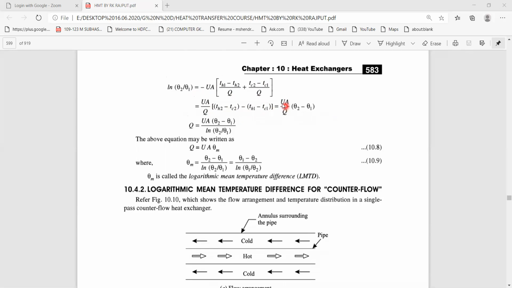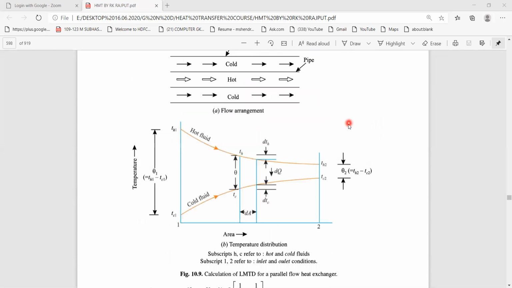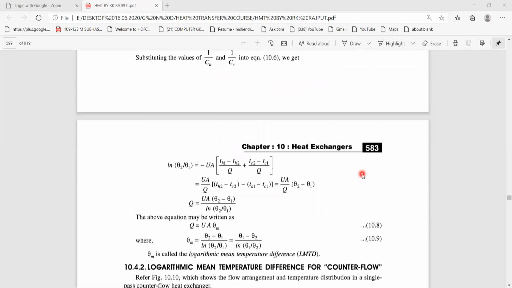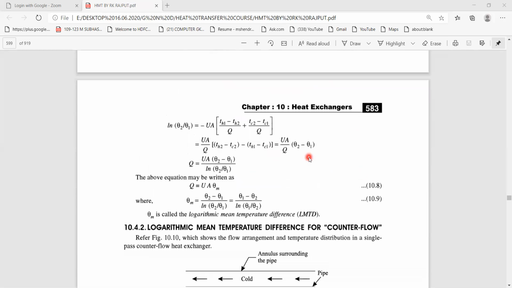So UA divided by Q into (Th2 minus Tc2), which is theta 2, and (Th1 minus Tc1) is theta 1, because in the figure we have already written Th1 minus Tc1 is theta 1 and Th2 minus Tc2 is theta 2.